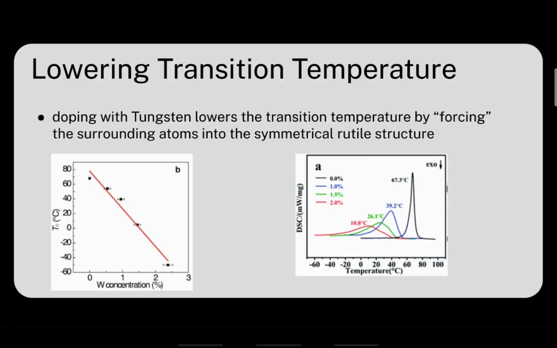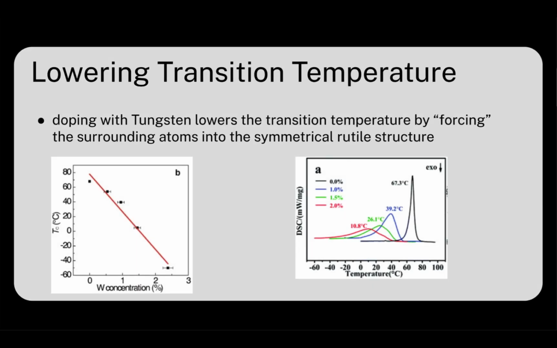But this isn't useful yet because the transition temperature is 68 degrees Celsius, and it would be practical for this temperature to be lower if we're going to use it in glass for windows. This is achieved by doping the vanadium dioxide with tungsten.